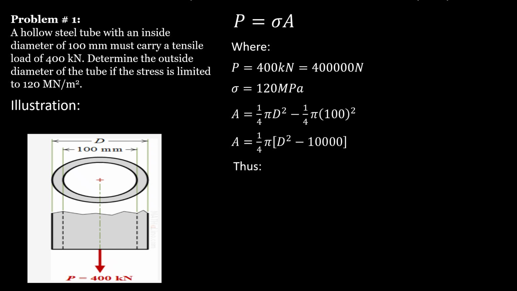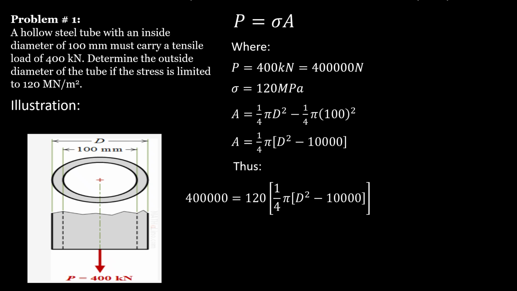Then, it's time now for direct substitution using the formula P equals normal stress times the area. Let us now substitute all the givens in the formula. After the substitution, we now have 400,000 newtons equals 120 megapascal multiplied by 1/4 of pi times d square minus 10,000.